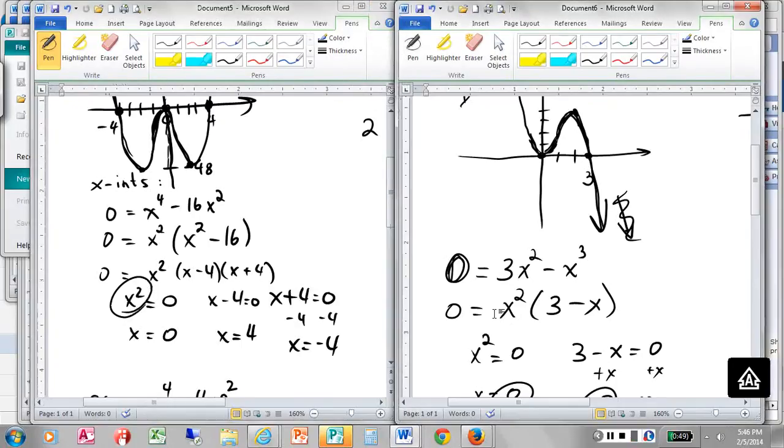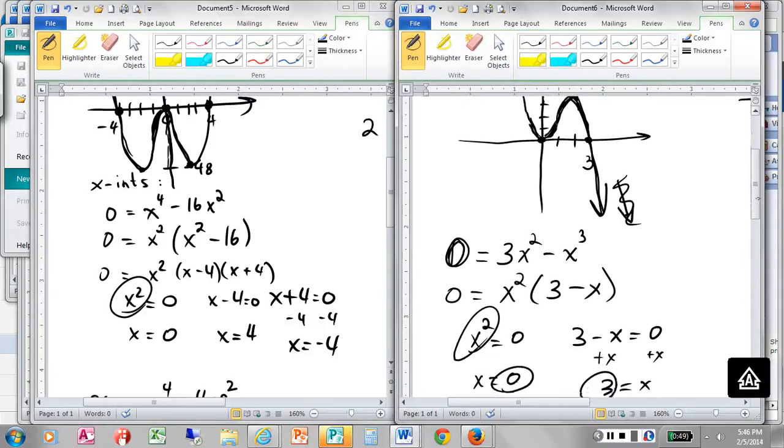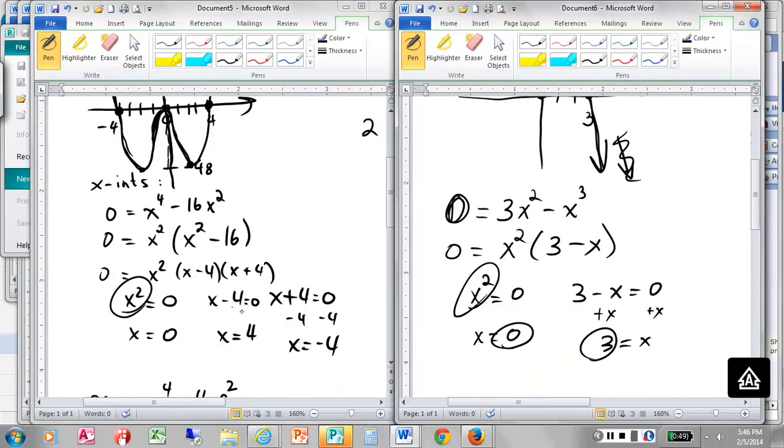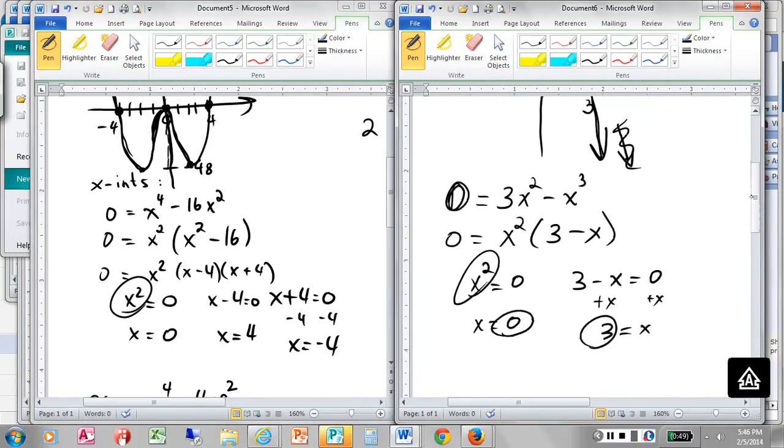Same thing over here. When x equals 0, I had x squared equals 0. Whereas on the other ones, I didn't have the square, x minus 4, x plus 4, where it crossed at x equals 4 and x equals 3. So that's kind of the key. If you got a factor squared, you're going to have this turnaround point.